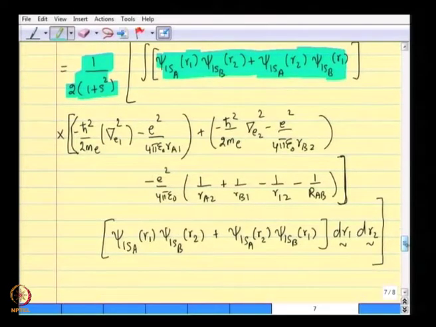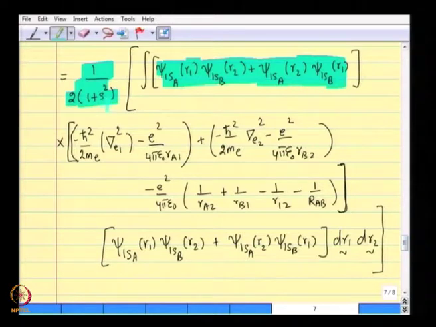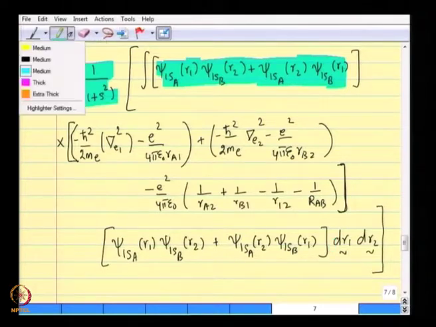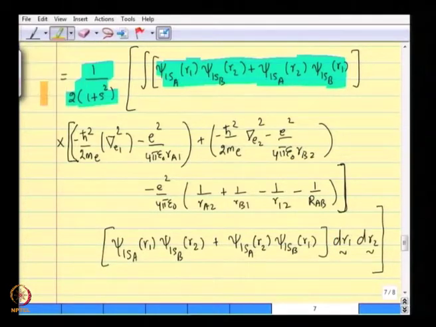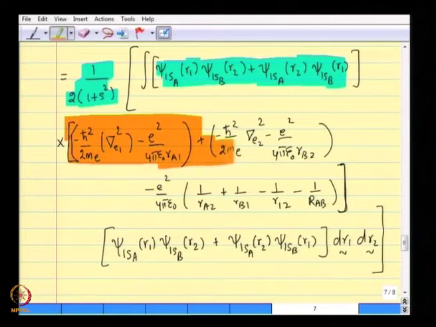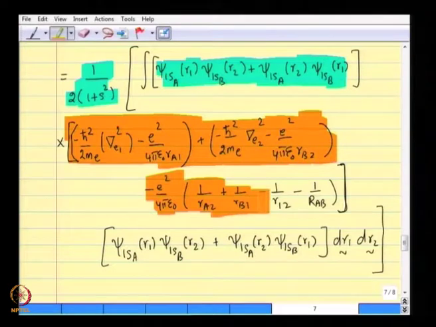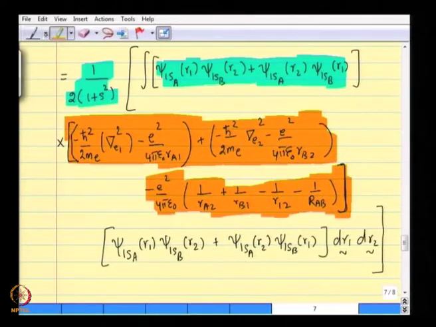The energy expression for this wave function was given by the integral psi star H psi, with the Hamiltonian in between. The Hamiltonian is written the way I reorganized it because it gives us some simple things immediately.